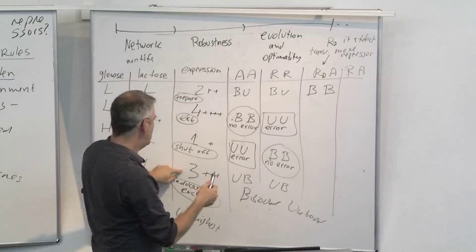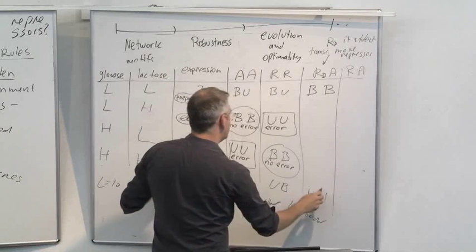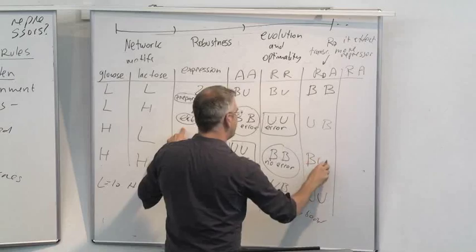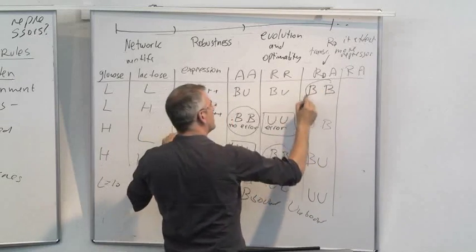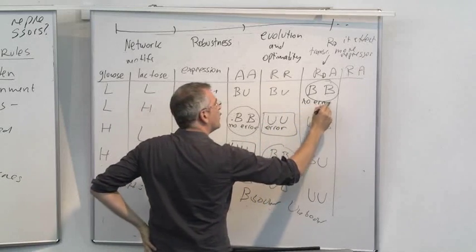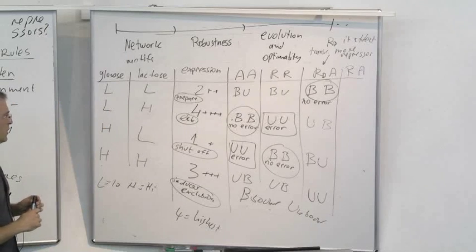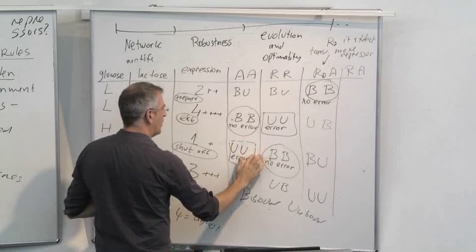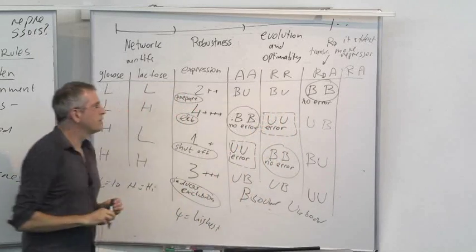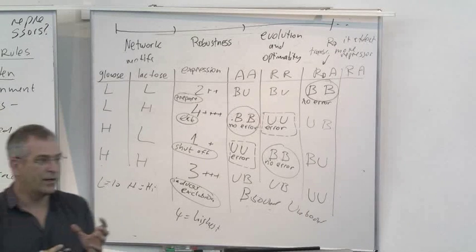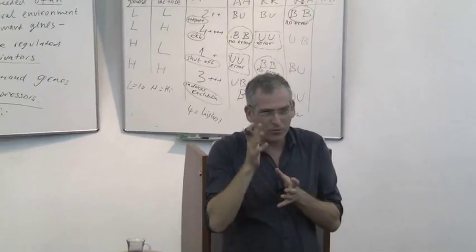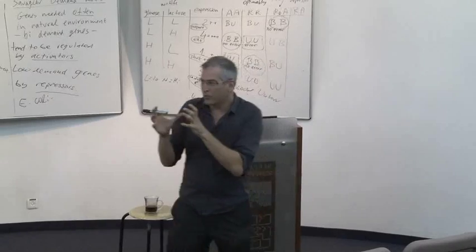For instance, this one will be unbound, unbound, and then you'll have unbound, bound, and bound, unbound. So the best state will be here. No error. So the point is that the most bound state, the most protected state, is different in each of these mechanisms. And out of the 4 possible states, each mechanism prefers a different state.